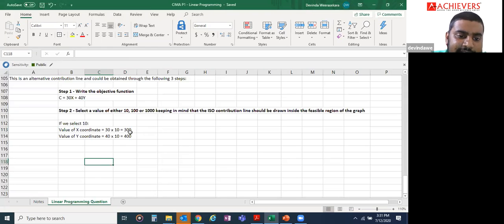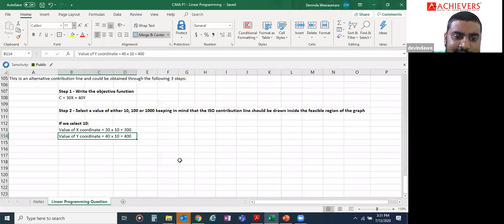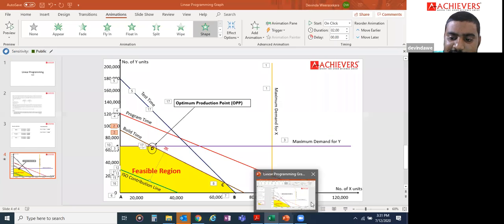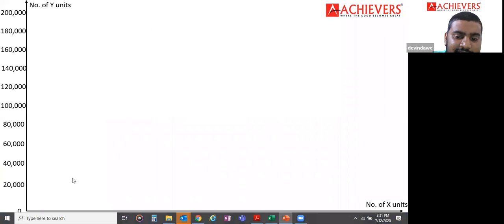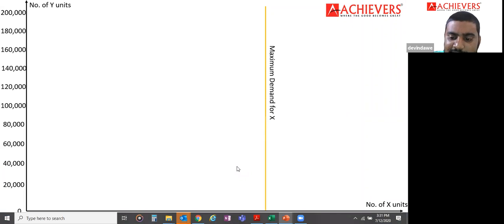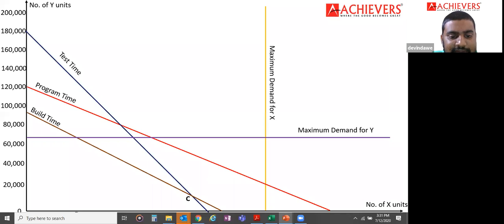So now tell me, guys, 300 and 400, right? Can we draw it inside this graph? Can we draw 300 and 400 inside the feasible region? So this is the feasible region, right? We can, but what's the problem? It is too small because the two axes start from 20,000, no?